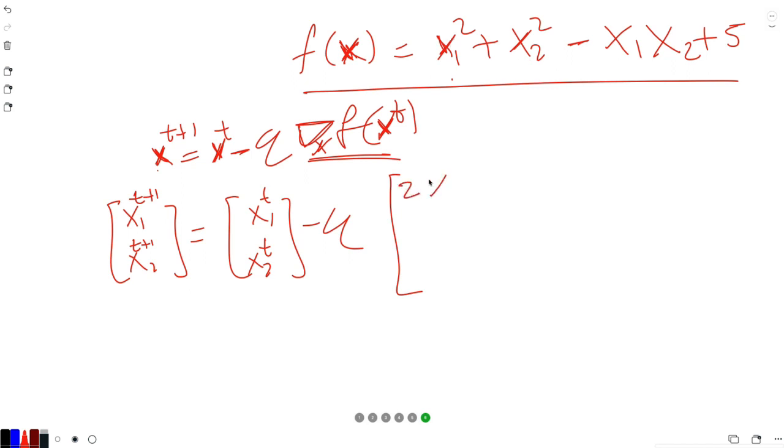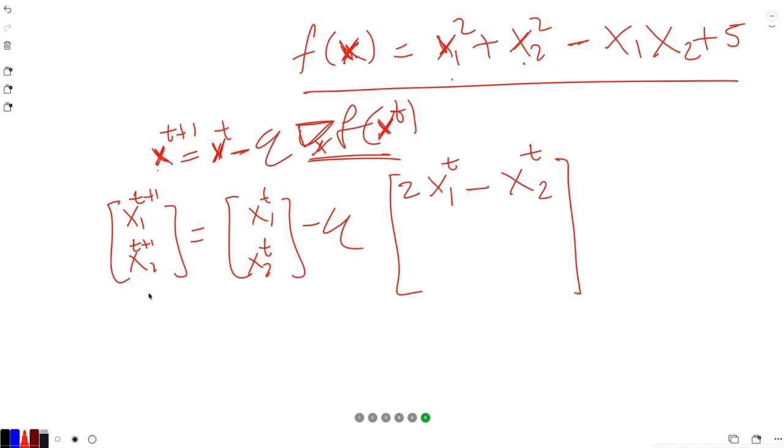We differentiate with respect to x1. It will be 2 x1 at t, plus 0 because we differentiate with respect to x1, and minus x2 at time t.